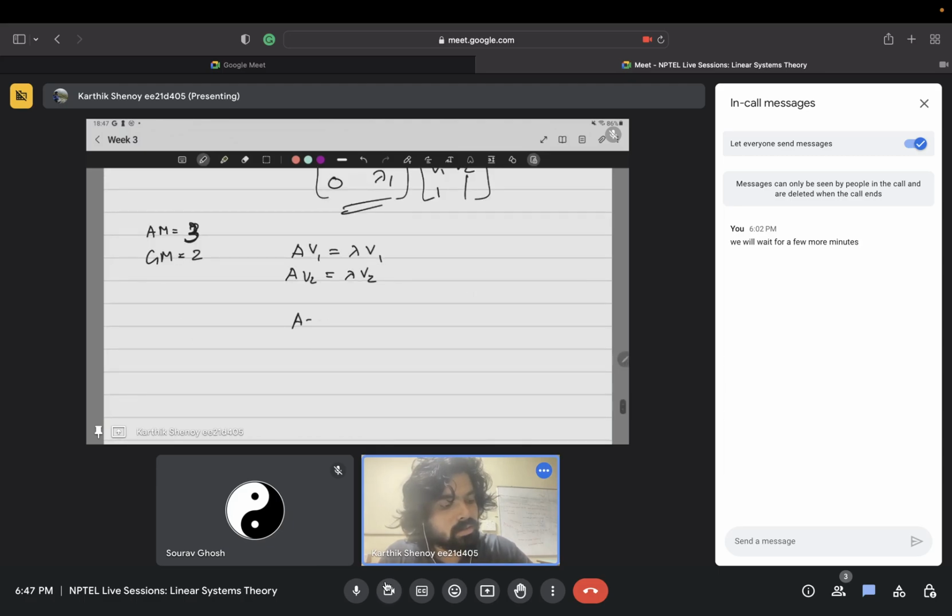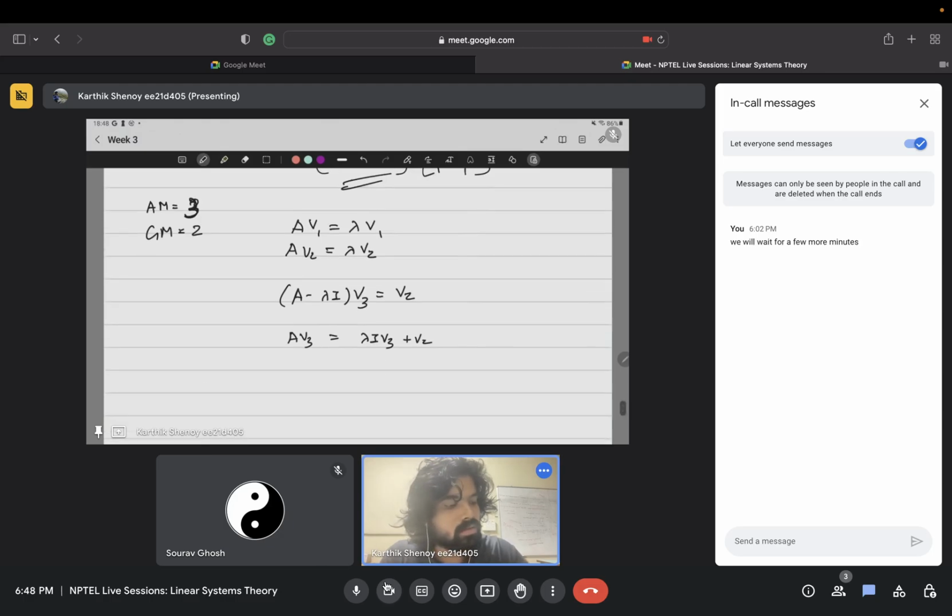A minus lambda I times V, I will call it V3, equal to V2. So this is nothing but A times V3 equal to lambda I times V3 plus V2. So A V3 equals lambda V3 plus V2.